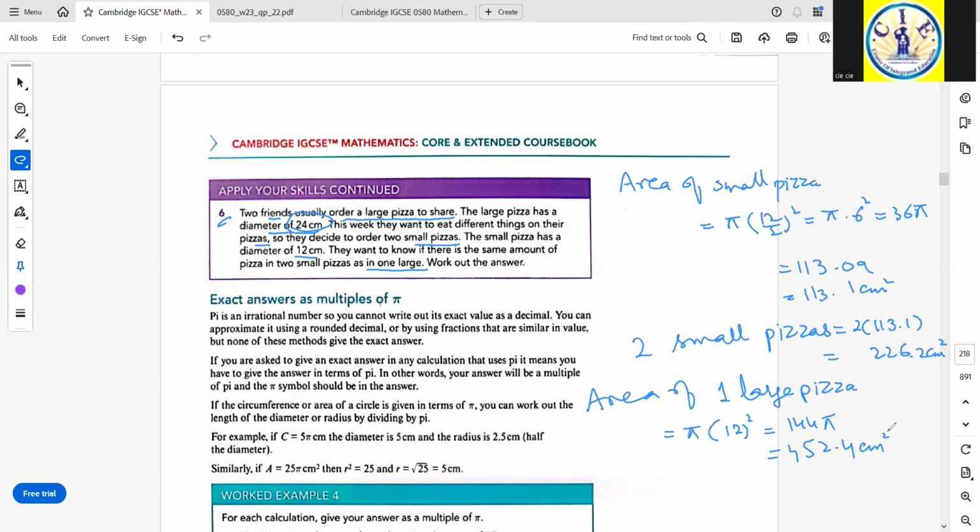centimeter squares. So we see that two small pizzas are not equal to one large pizza as far as their areas are concerned.